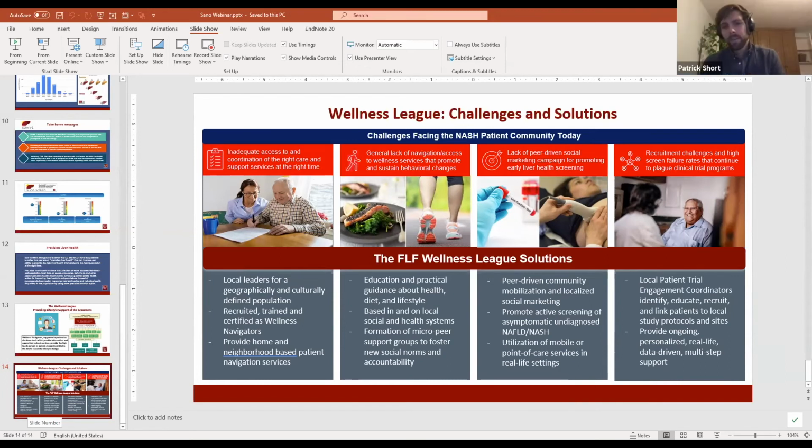How can people sign up to the Wellness League? There's a question through the chat about what stage it's at and whether they can sign on. You've got at least one person who wants to join up on the spot, Wayne. We actually have a consent form on our website at fattyliverfoundation.org, and that'll take you into the process.